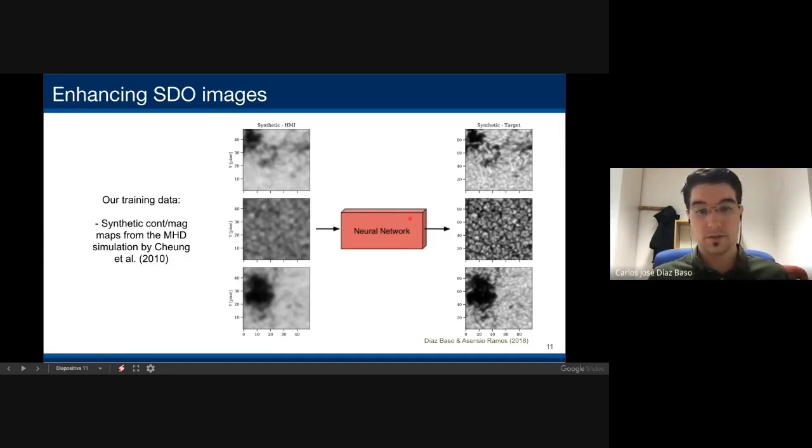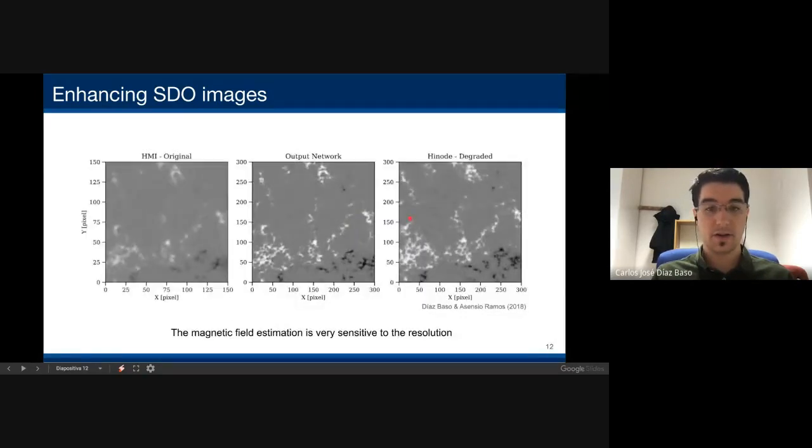So we trained a neural network to learn the relation between the synthetic images with the PSF and without the PSF. After finishing the training, the neural network is able to do the deconvolution in a very fast and robust way.